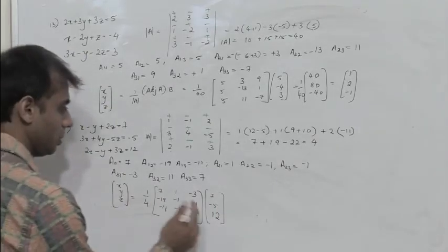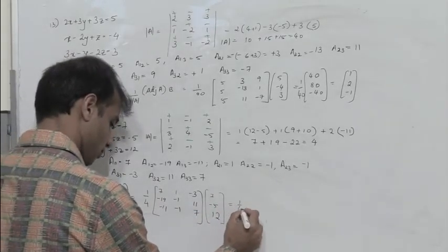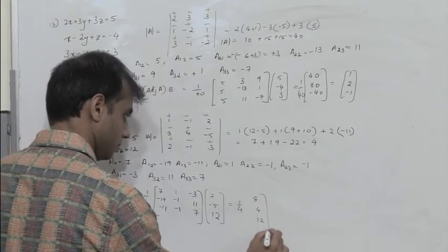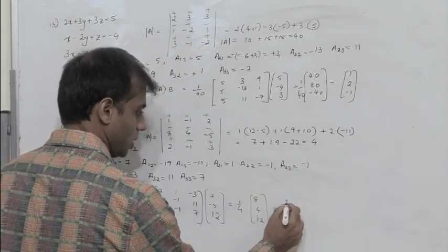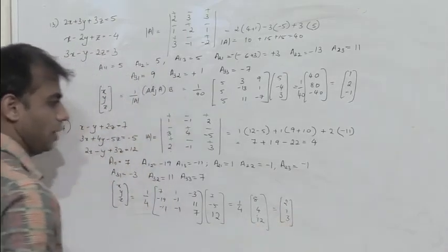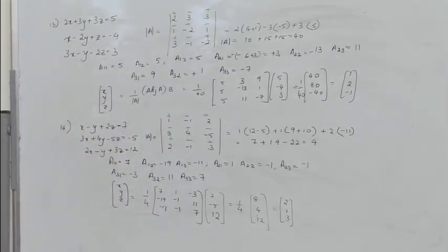When I multiply these two matrices, I get 1 by 4 into 8, 4, 12, which gives me 2, 1, 3. So the value of x is 2, value of y is 1, and value of z is 3.